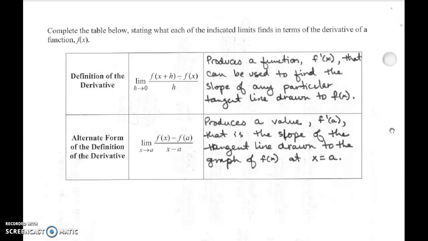But that definition of the derivative, the top thing, produces a function that you can put in any x value that you want, and you can find the particular tangent line, whereas the bottom one will only give you a value. So you'd have to do the problem over and over again, but you need to know both because any of them can show up at any point when we take the AP practice test or the actual thing. And this concludes section 1.